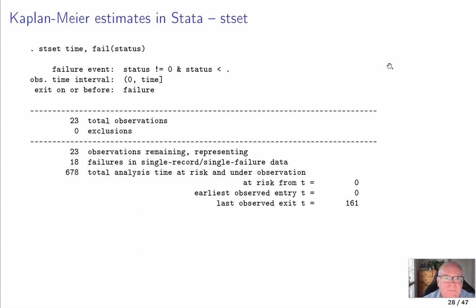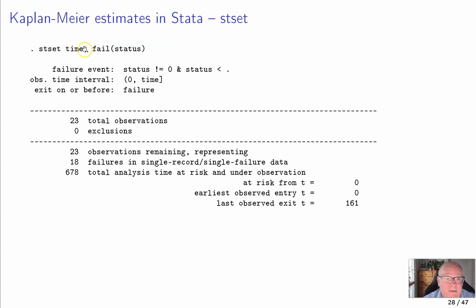Now, in Stata, before we do any survival analysis commands, we set up the data for survival analysis using the stset function. So we tell Stata the two dimensions of the survival outcome just the once.